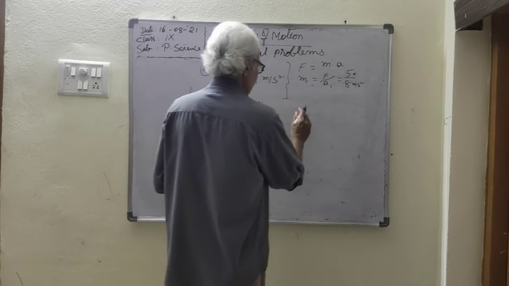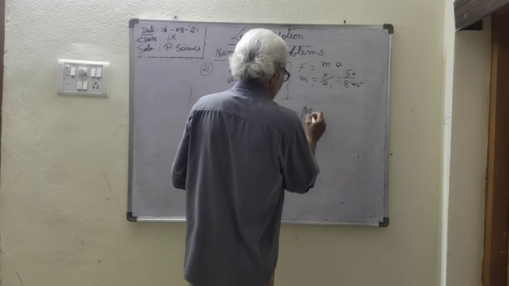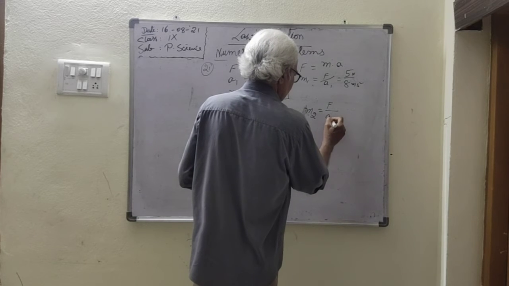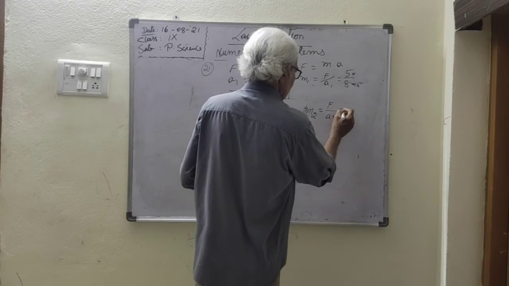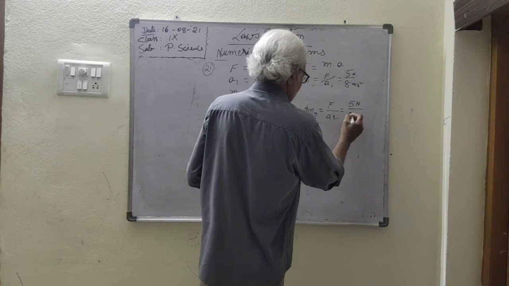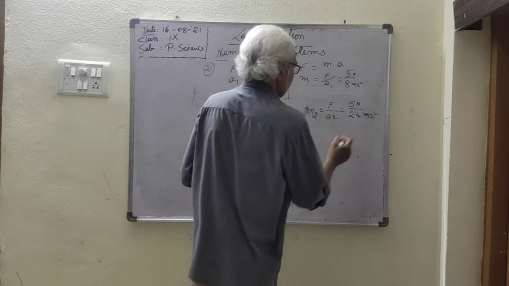And for the second one also you can find m2 is equal to F by A2. That is equal to 5 Newton by 24 meters per second squared.